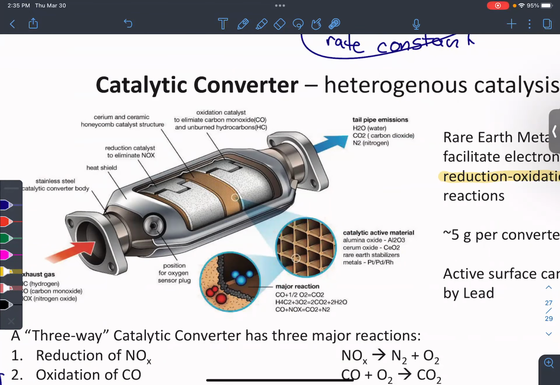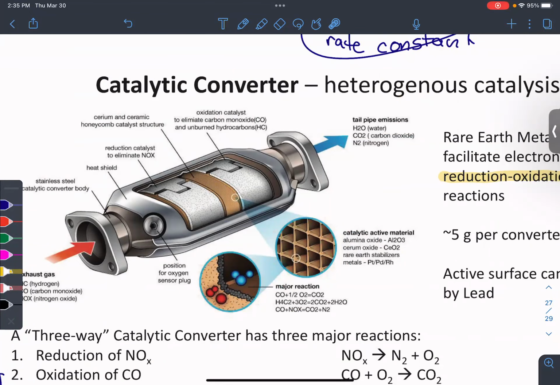Do you remember how to do that? Yeah. We can also write the rate law for the reverse reaction. The rate law for the reverse reaction is Kr, the rate constant for the reverse reaction, times the concentration of products. All right. So I've essentially written a rate law for the forward reaction and the reverse reaction.